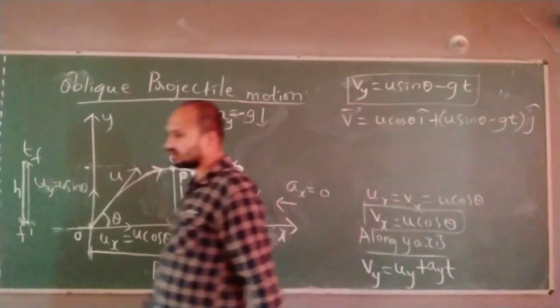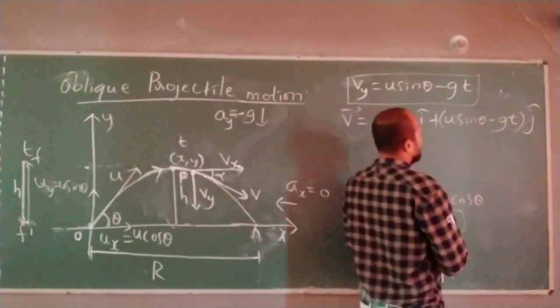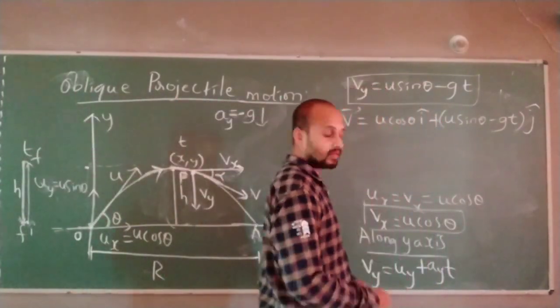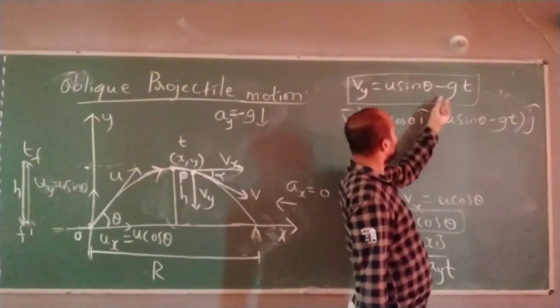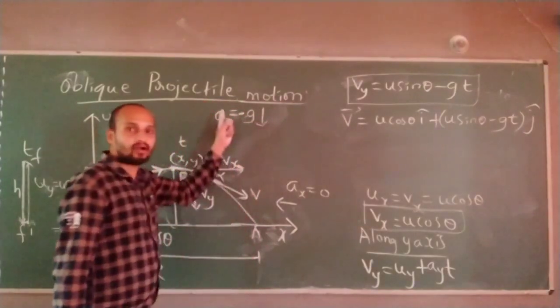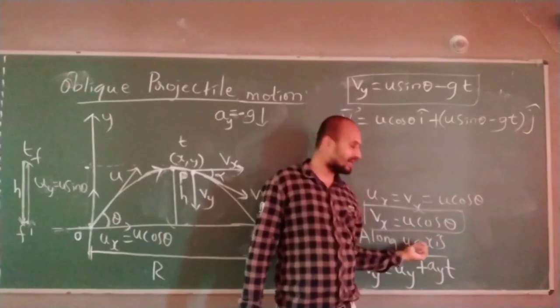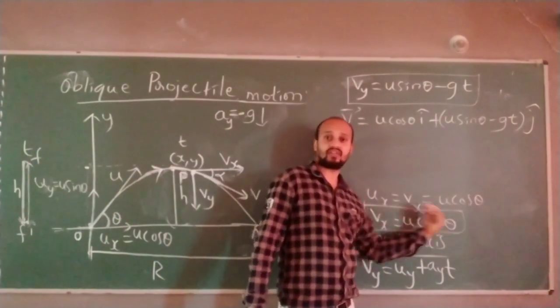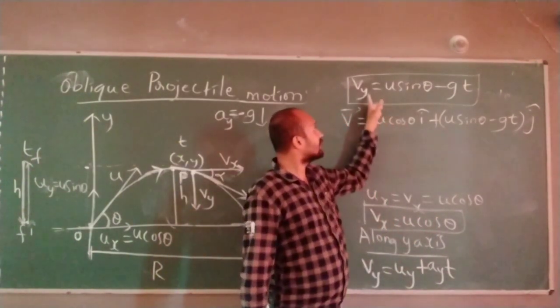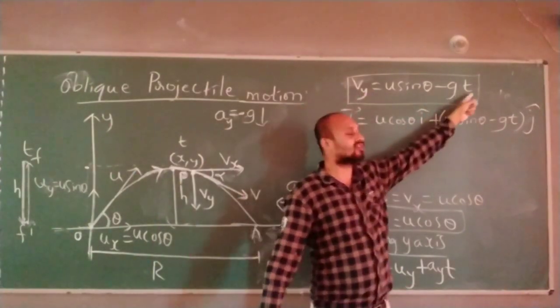One thing you have to observe: the velocity along the y-axis is changing with respect to time, because acceleration is acting along y. The vx velocity remains constant. Until and unless you change u and the value of theta, it remains the same. But look at the value of vy. The velocity of a particle at any time t depends on t.